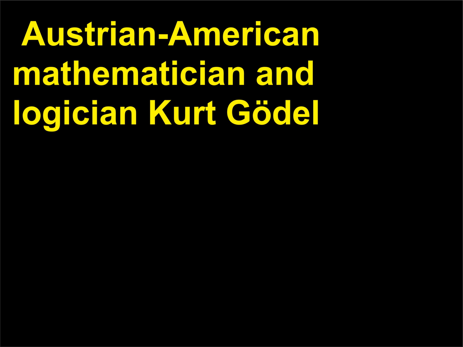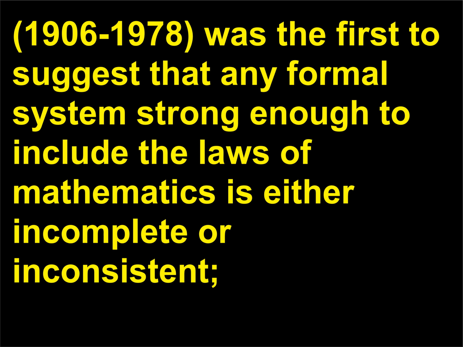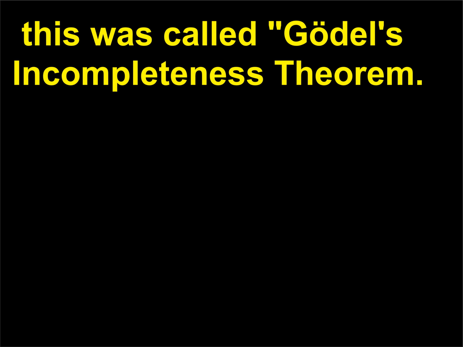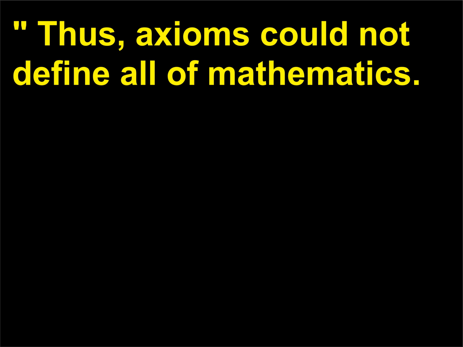Austrian-American mathematician and logician Kurt Gödel, 1906 to 1978, was the first to suggest that any formal system strong enough to include the laws of mathematics is either incomplete or inconsistent. This was called Gödel's incompleteness theorem. Thus, axioms could not define all of mathematics.